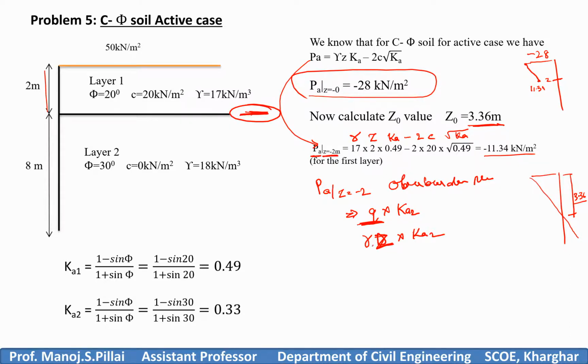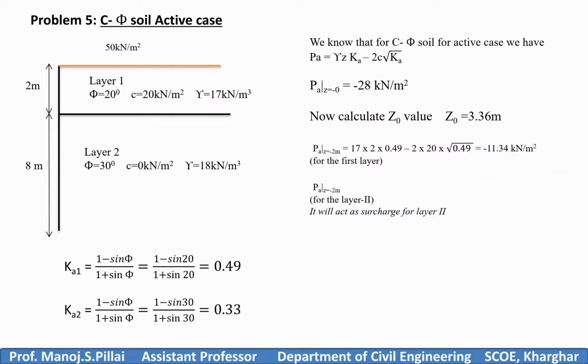Which gamma will we take? Gamma 1. Gamma 1 is 17, z is 2, Ka2 is 0.33. You will understand this value, I'm just showing it. For layer 2 it will act as a surcharge. So this one is for above, this one is below.